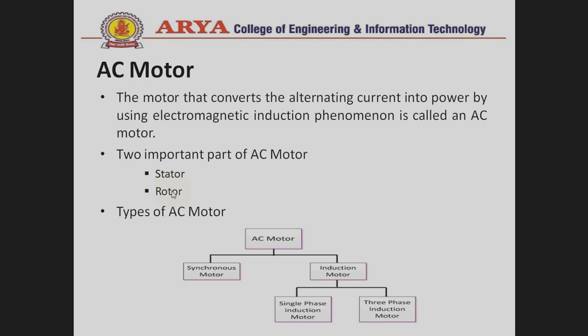In the motor, the rotor is separated from the stator by a small air gap. The AC motor is divided into two types, synchronous motor and induction motor, and the induction motor is further divided into two types, single phase and three phase, according to the power supply applied to the device. A synchronous motor is not a self-excited motor, whereas an induction motor is a self-excited motor, and induction motor speed control is possible, while synchronous motor speed control is not possible.